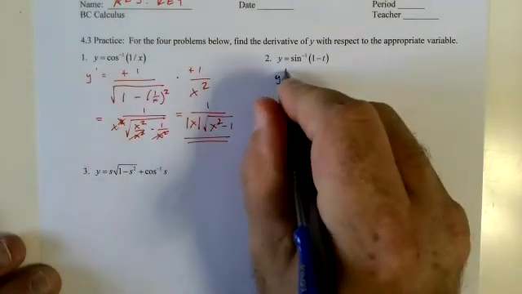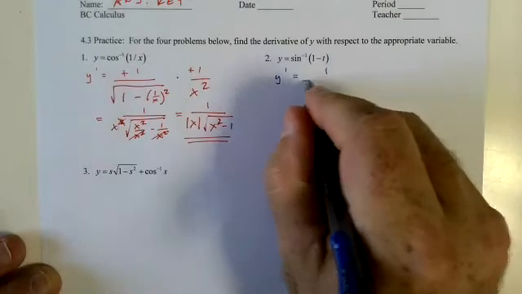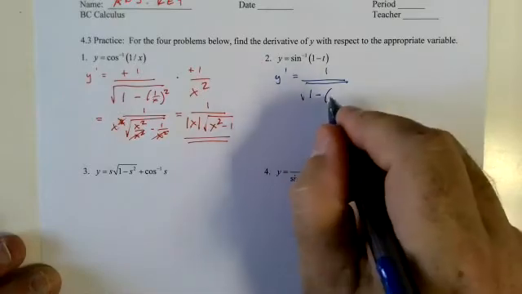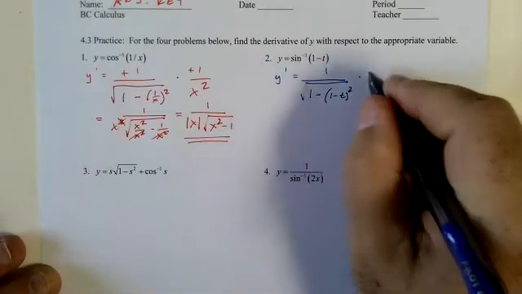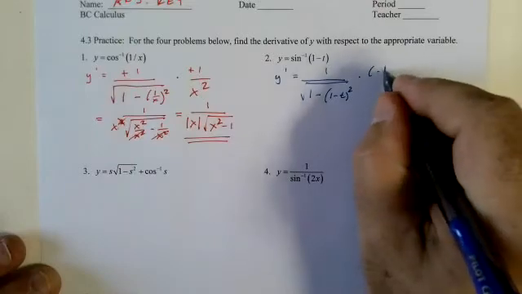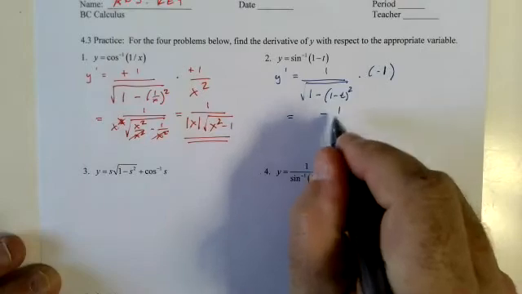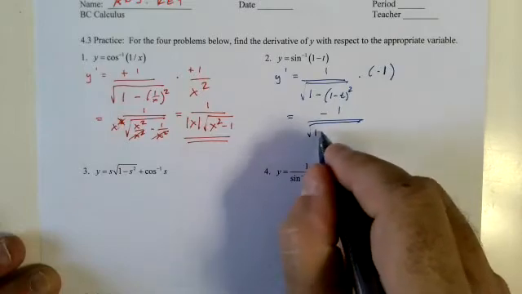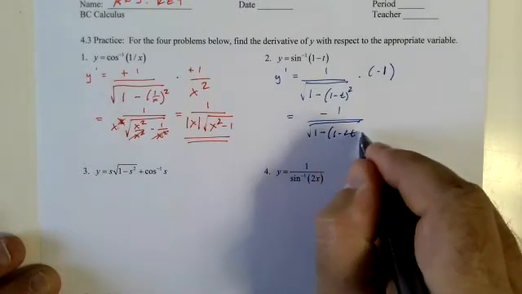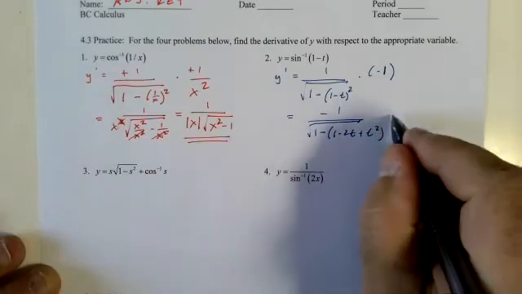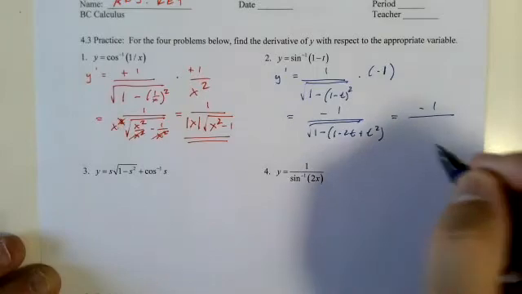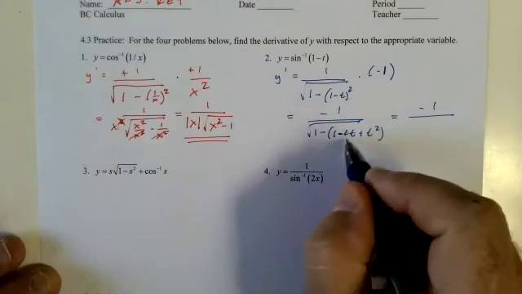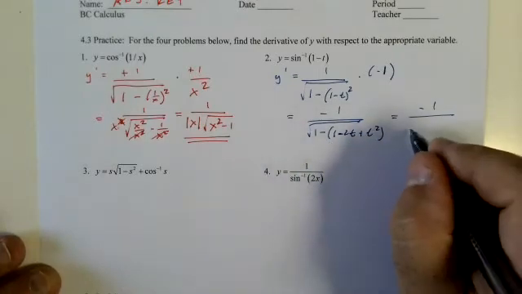Same idea, y prime equals 1 over the square root of 1 minus t squared, times negative 1 over 1 minus 2t plus t squared, negative 1 over 1 minus 1, negative, so it would be 2t minus t squared.